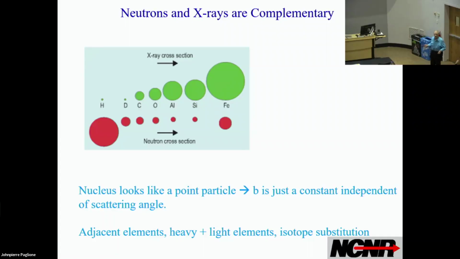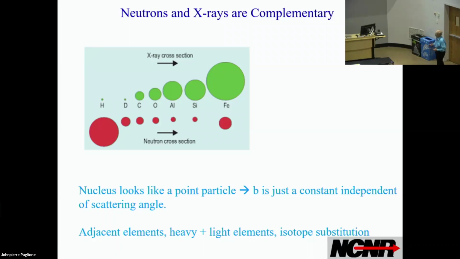Hydrogen turns out to have one of the biggest cross sections. So if you're interested in biological systems, polymers, things like that, neutron scattering plays a big role. It varies from element to element because it depends on Z, the number of protons, and the number of neutrons in each element.